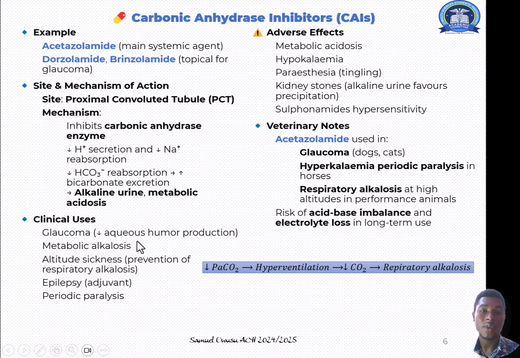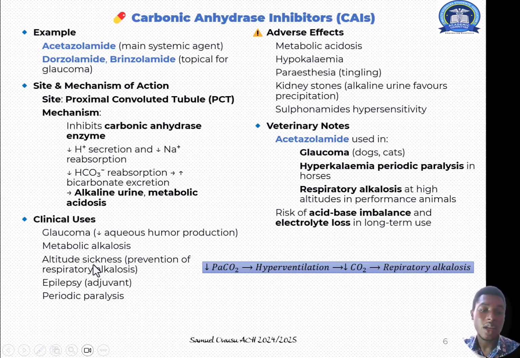Remember, it's a diuretic, so wherever fluid is built up, you want to draw that fluid and pull it away. Do you understand? So in glaucoma there's an increased amount of aqueous humor, and this is going to decrease the amount of aqueous humor. Metabolic alkalosis, you can use it because it causes metabolic acidosis.